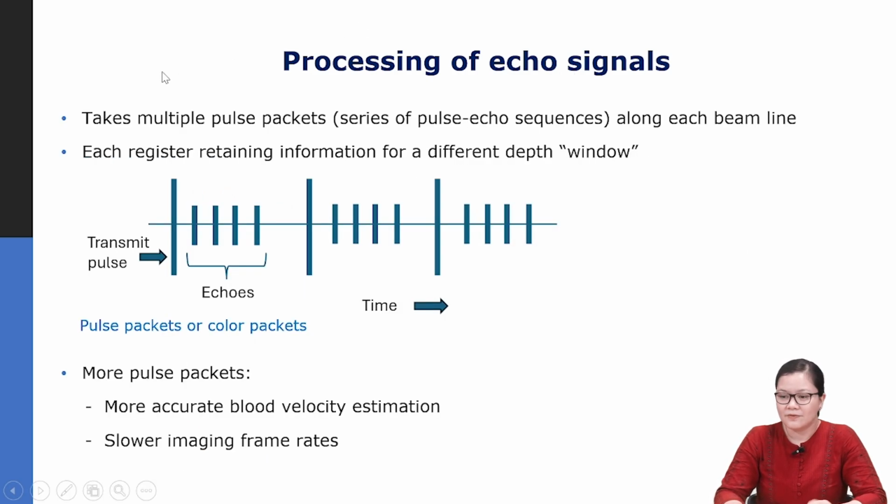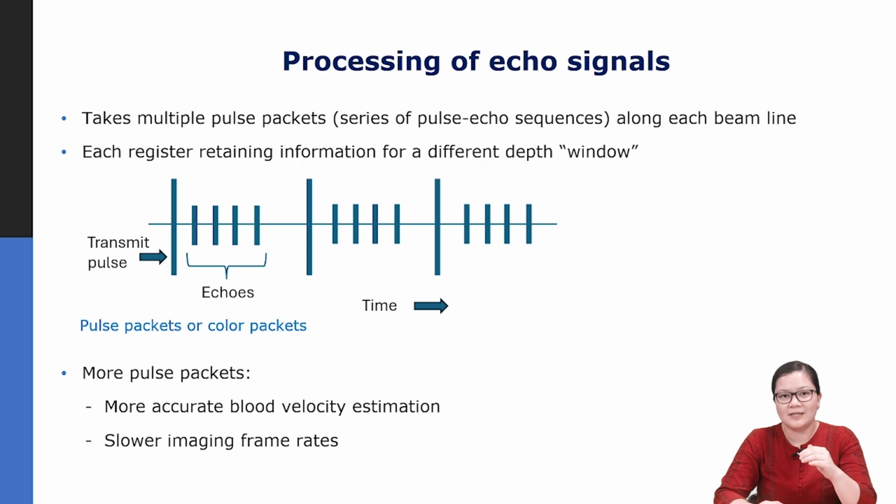The way color flow Doppler works is that first you transmit a pulse, and then you collect echoes from different pulse packets, and each pulse packet is one pulse echo sequence. Within this pulse packet, the echoes will be saved into a register, which retains information for a different window at a particular depth.